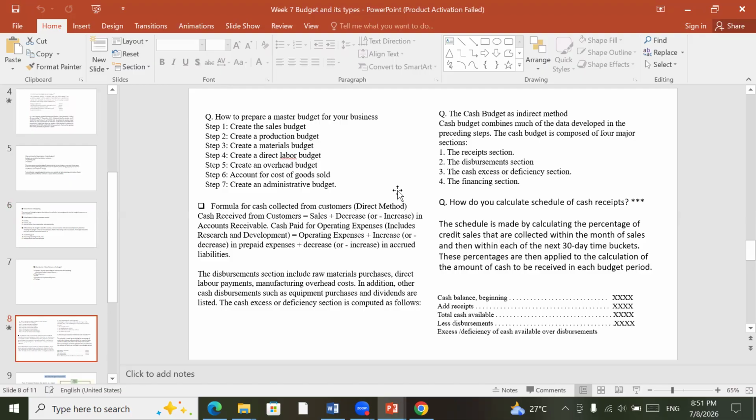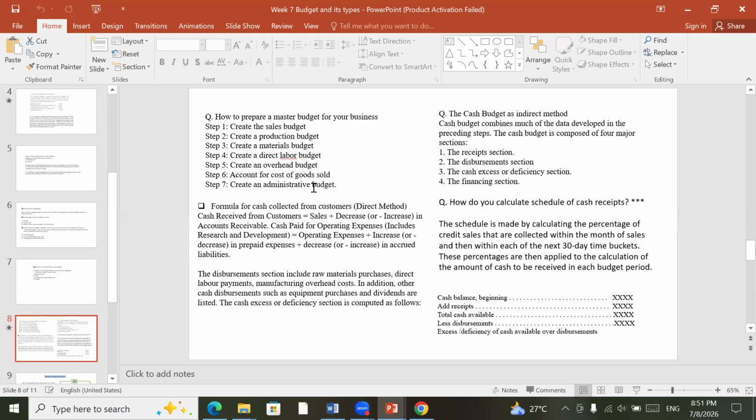Another: how to prepare a master budget of your business. There are some techniques. Create the sales budget, create the production budget, create the material budget, create the direct labor budget, create the overhead budget, account for the cost of goods sold budget, create the administrative budget. You have to ready all budgets, and then you list every budget under a heading.